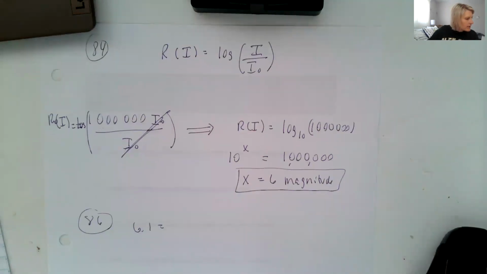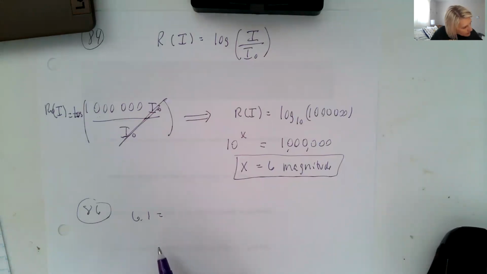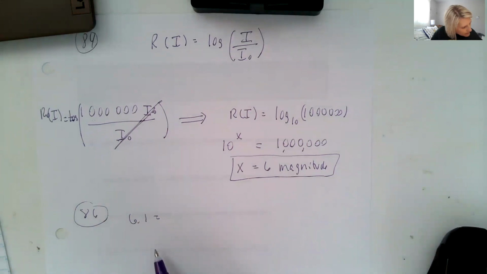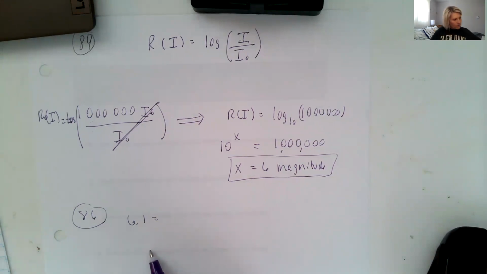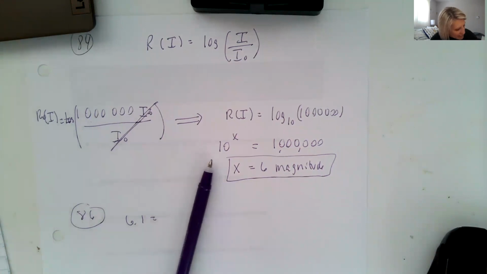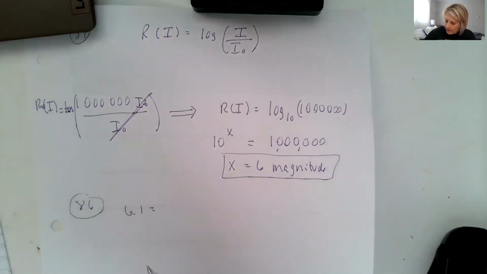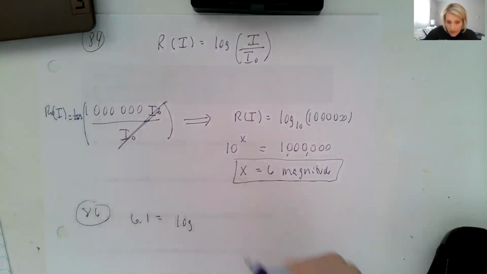So let's look at number 86. Number 86 says, in 1984, another significant earthquake in San Francisco registered 6.1 on the Richter scale. Express its intensity in terms of I0. Okay, so 6.1 is equal to the log of something, right?